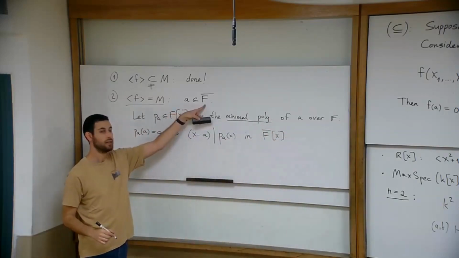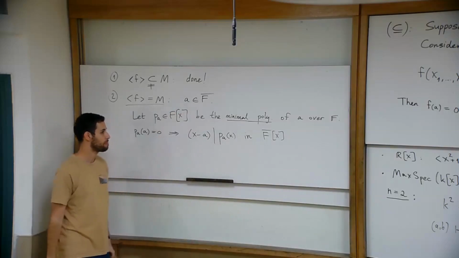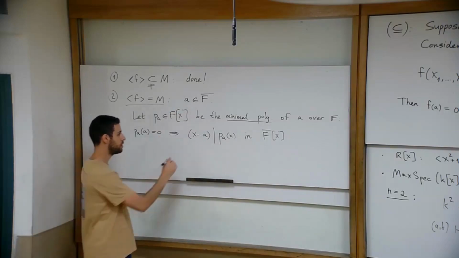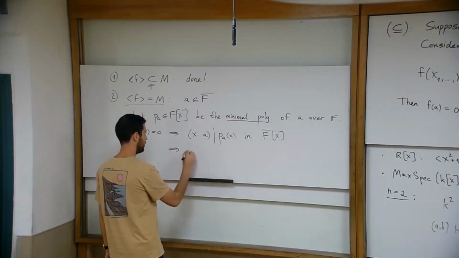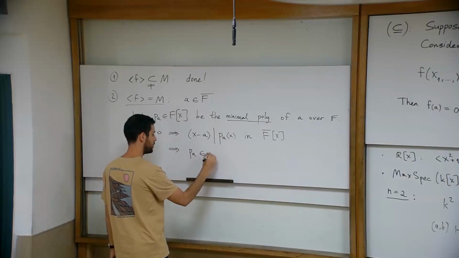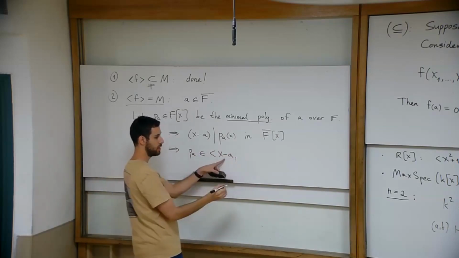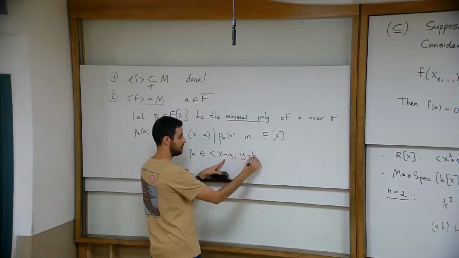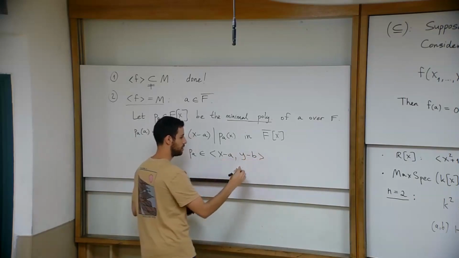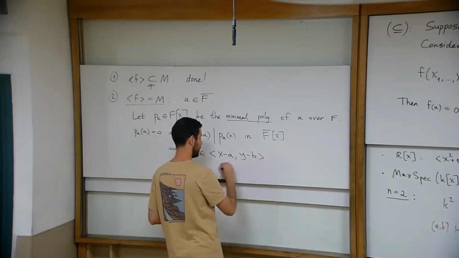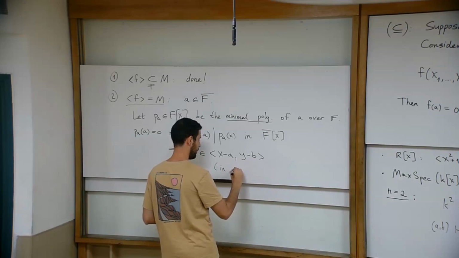Because remember, A is in F bar, not necessarily in F. So in particular, we get that P of A belongs to the ideal that is generated by x minus A, and obviously I can add y minus b, as an ideal in F bar xy.